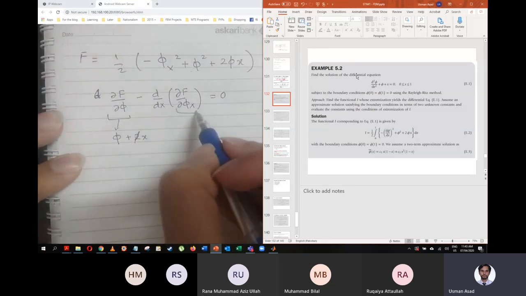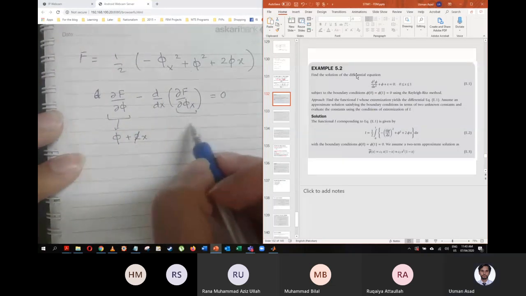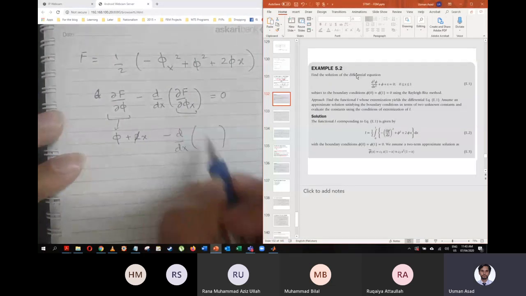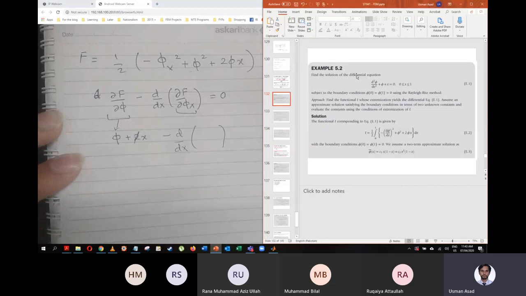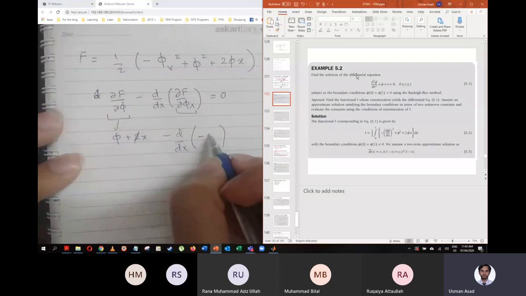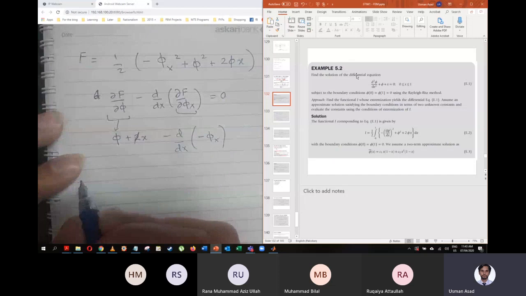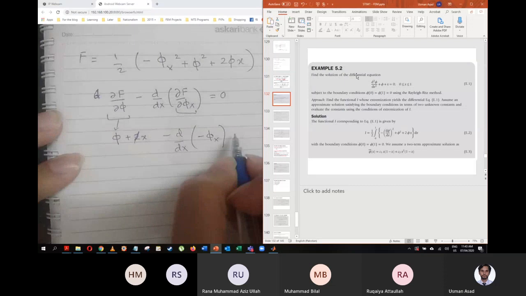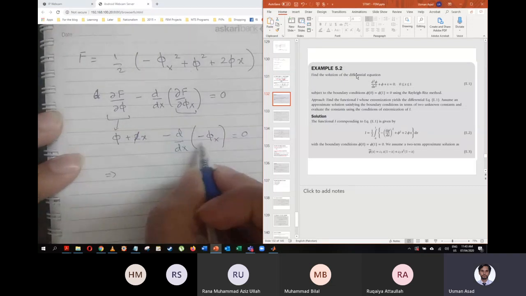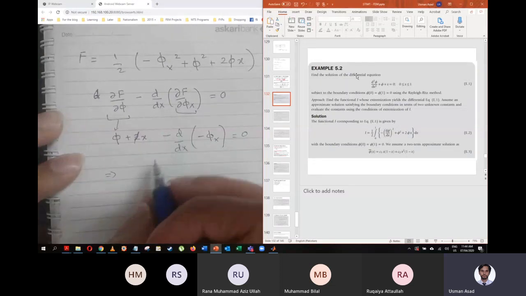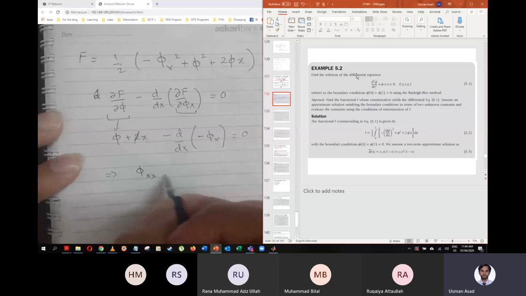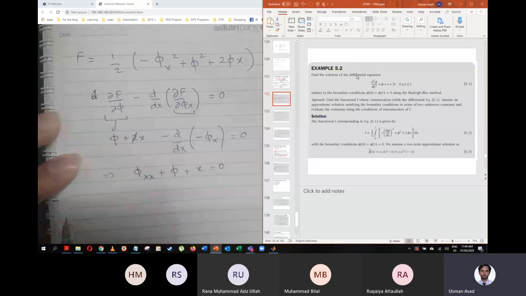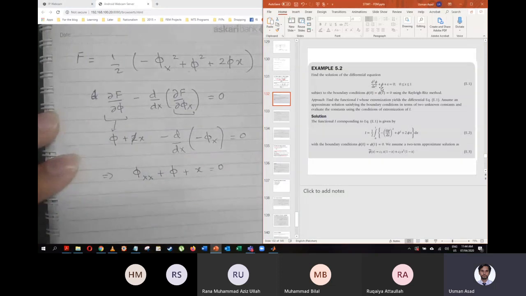And partial f by partial phi x is going to become minus phi x, okay? So then when you take a derivative of this with respect to x, this becomes phi xx, minus minus becomes plus, so you're going to get phi xx plus phi plus x is equal to 0, which is our original differential equation, okay?